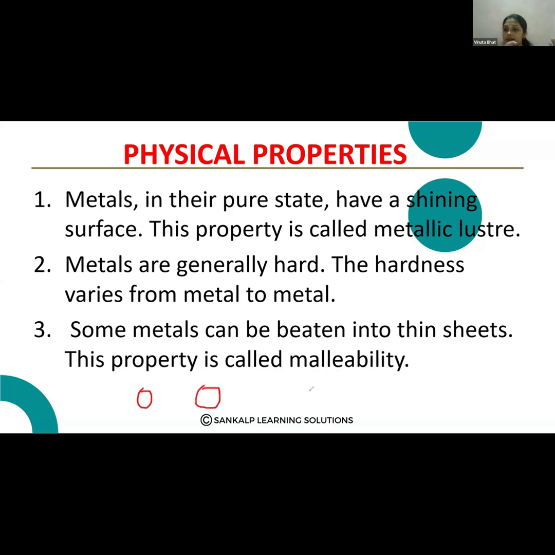The metals will become thin sheets, right? When you beat the metal, it will become thin sheets, and this property is called malleability. They have the malleability property.